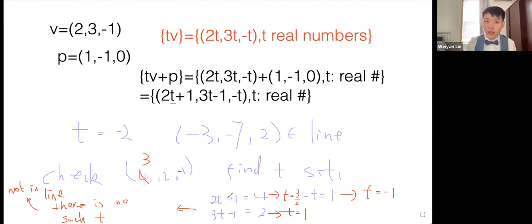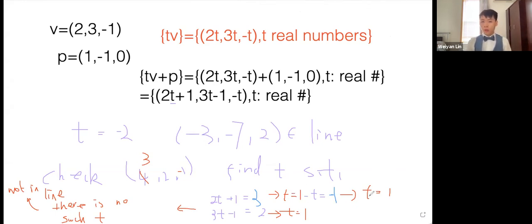The third equation tells you that t has to be equal to 1, and the first equation also tells you that t has to be equal to 1.